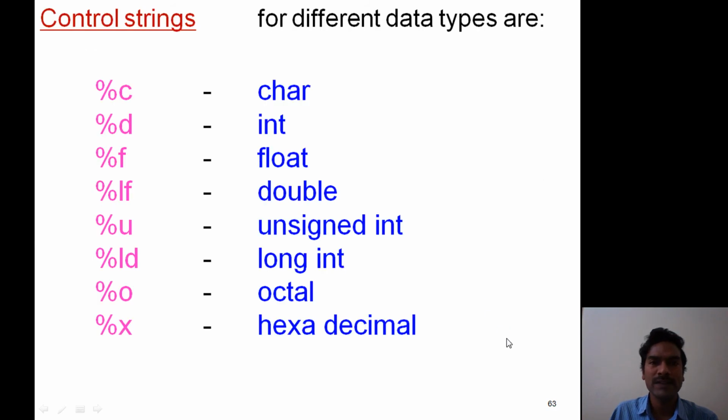These are the control strings: %c, char; %d, int; %f, float; %lf, double; %u, unsigned int; %ld, long int; %o, octal; %x, hexadecimal.